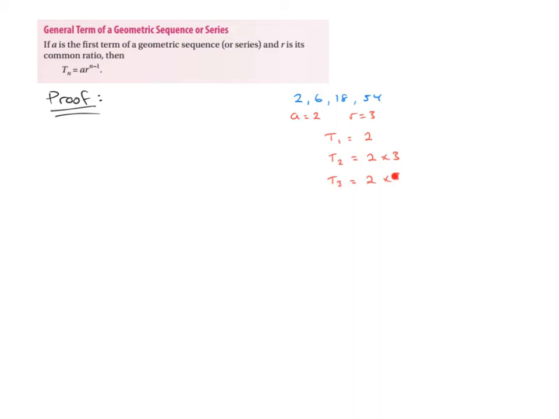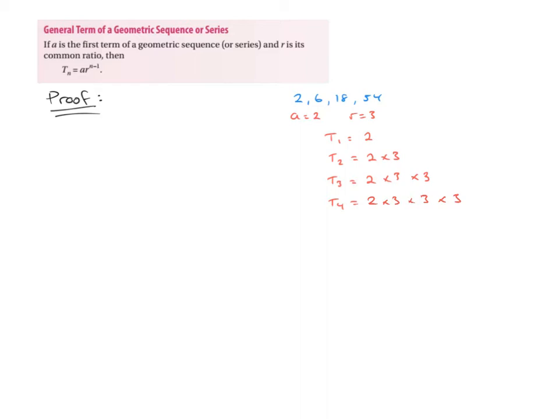What I'm doing for the third term is multiplying it again by 3. And T4, for the last one, I'm taking the third term, which is 2 times 3 times 3, and then I'm going to multiply that again by 3.